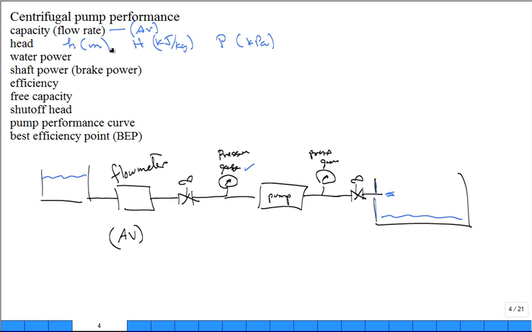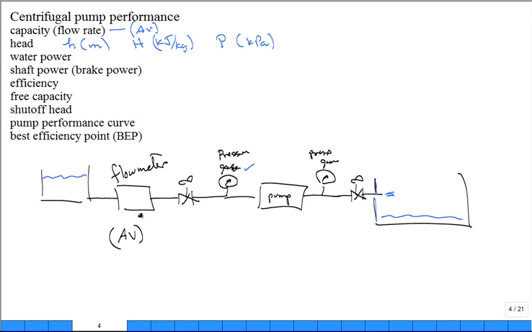But all of these are measuring your head. Head in meters, or energy per unit mass, kilojoules per kilogram, or pressure in kilopascals. I could jump back and forth between these units. Divide by rho g, multiply by rho g, right? Divide by g, divide by rho.